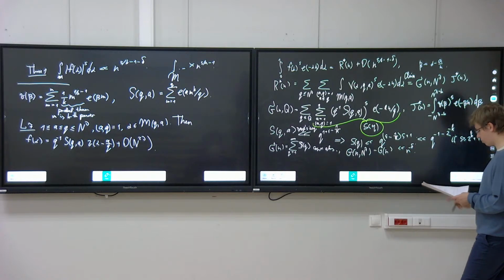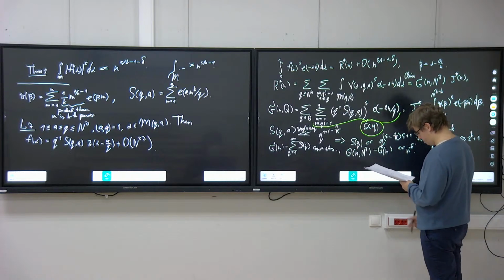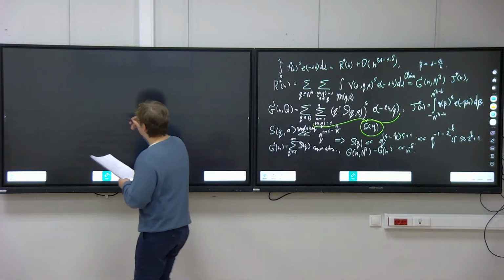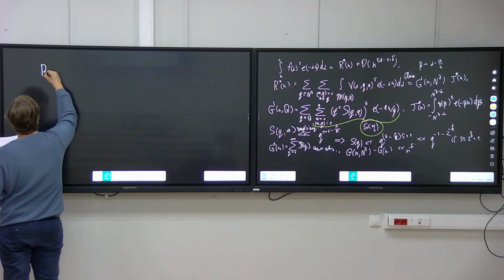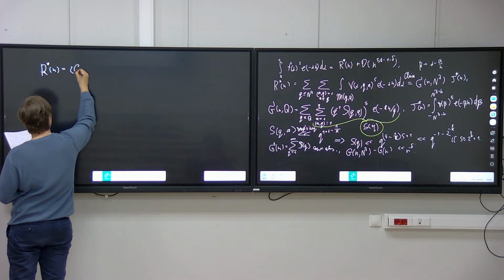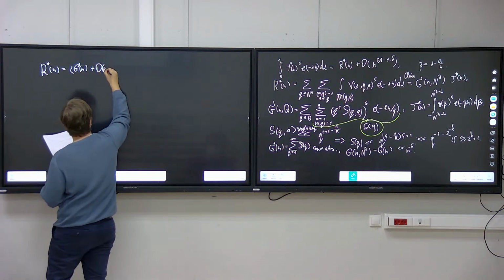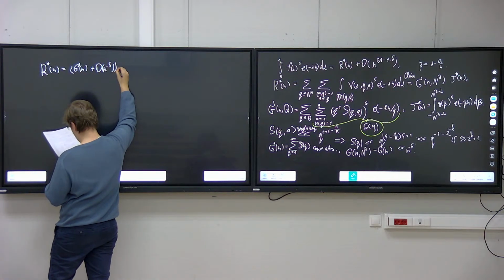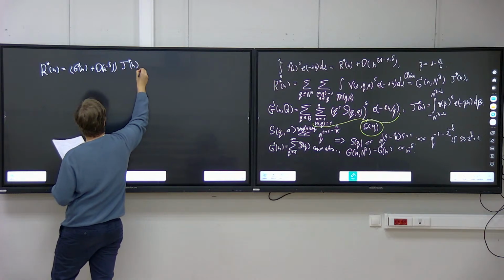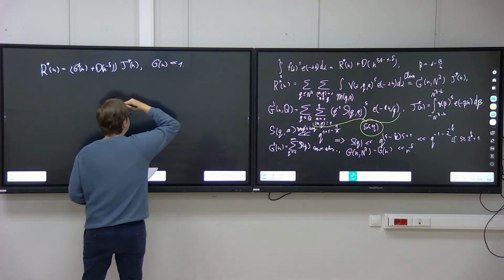Because our series converges, and here is some positive number. So we see that R star of n is J of n plus B of n minus delta, J star of n, and also we know that J of n is less than 1.